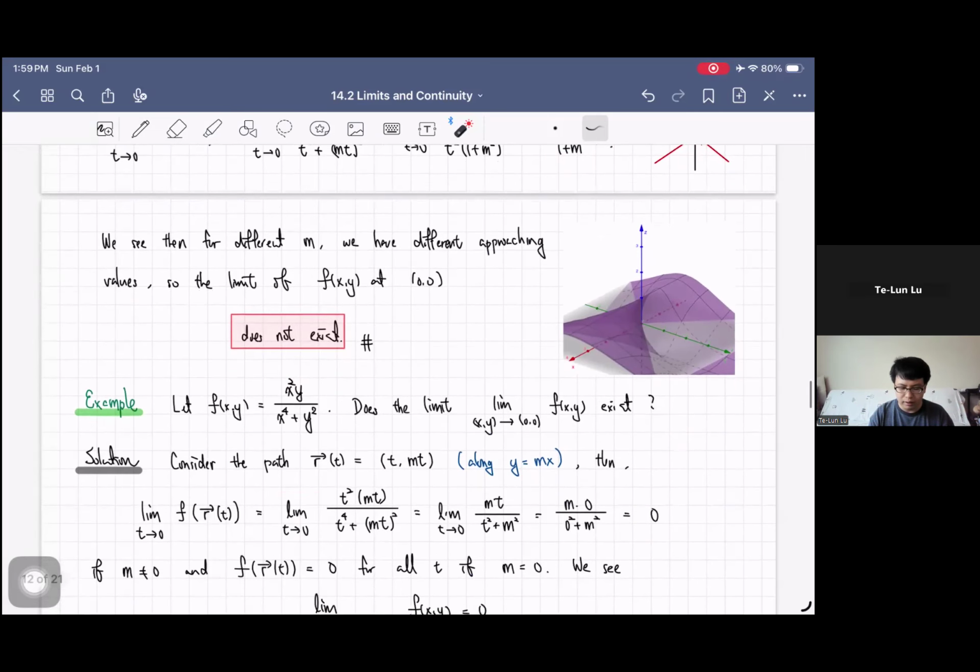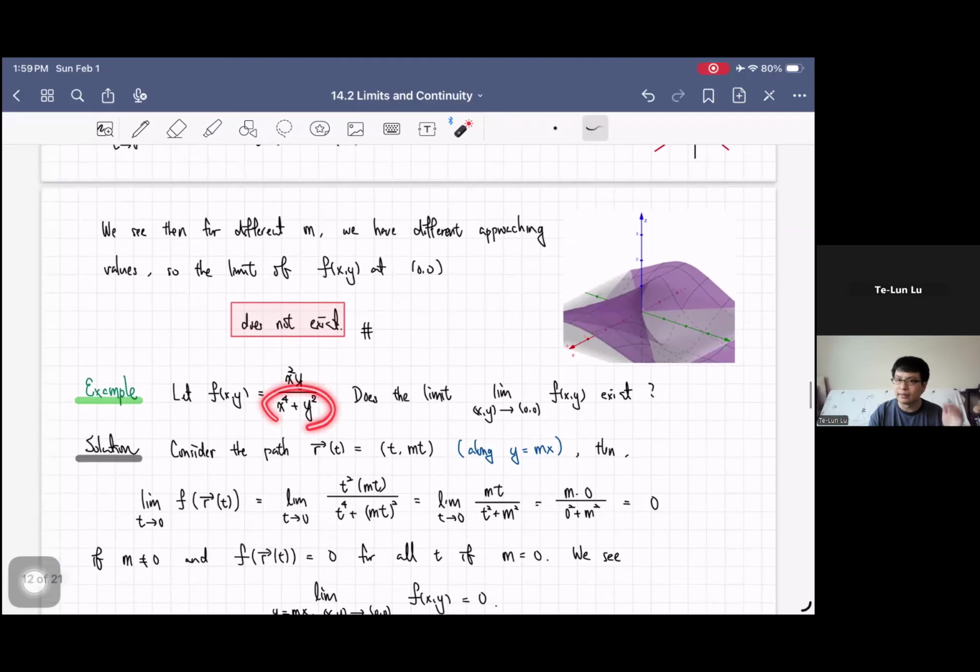In this case, the numerator has degree 3 and the denominator has degree 4, which is the higher degree. So that means the numerator does not dominate the denominator when x and y approach 0, because this guy will be significantly smaller and this guy will be significantly larger. In some sense, this guy will actually blow up near the origin.